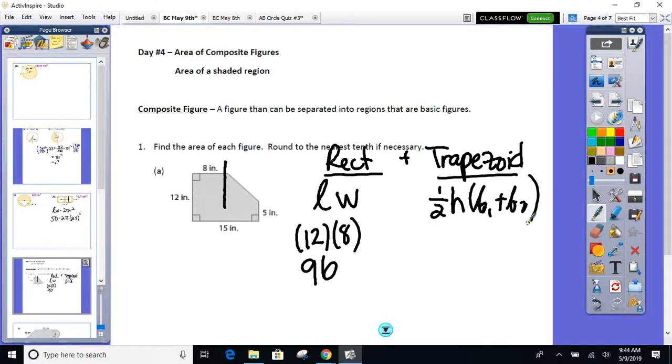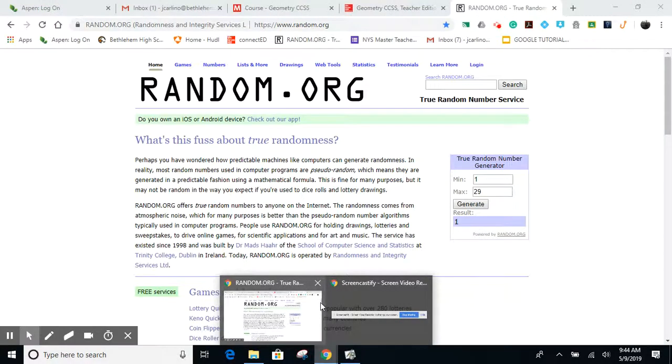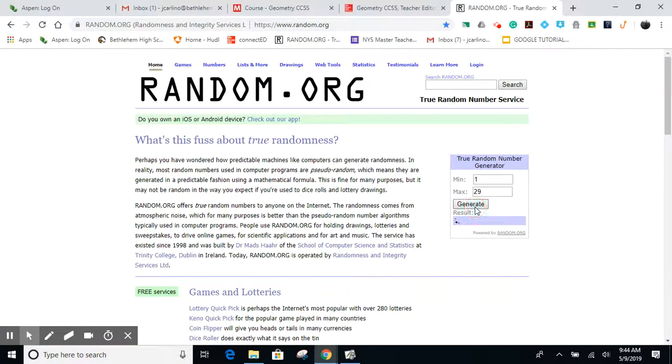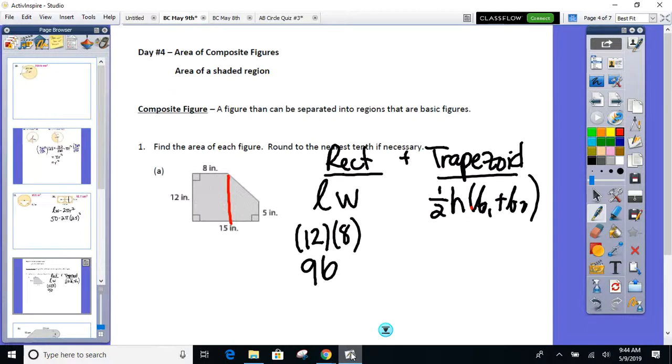Let's see if we can get all those numbers for us. So here we go. There's that trapezoid. What's the two bases? 12 plus 5, and here we go with the height.